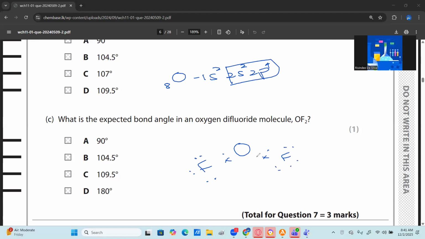Then the rest will be 1, 2, 3, 4, 5, 6. So you have 2 bond pairs and 2 lone pairs. The shape is V shape, or we can call it angular. Therefore, the bond angle will be 104.5. So these are direct theory, children. Everything is given in your student book.